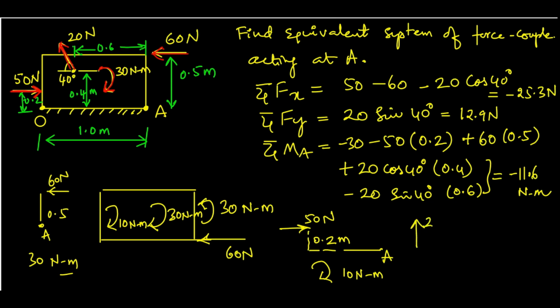Similarly, if you take 20 sine 40 degree, from A it is acting at a perpendicular distance of 0.6. So 20 sine 40 into 0.6.